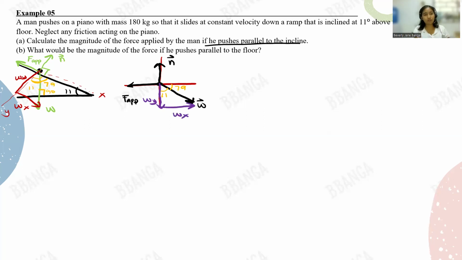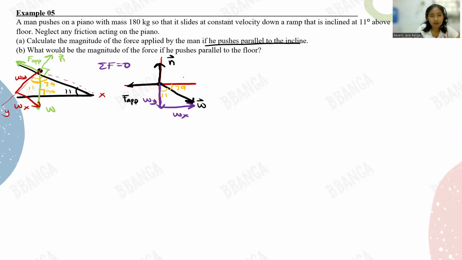Okay, so yan yung ating complete FBD. Now, sabi dito, constant yung speed. Anyway, I think constant yung speed dito. So, ito na yung ating FBD. And since constant yung speed, ibig sabihin, the net force acting on the system is simply 0.